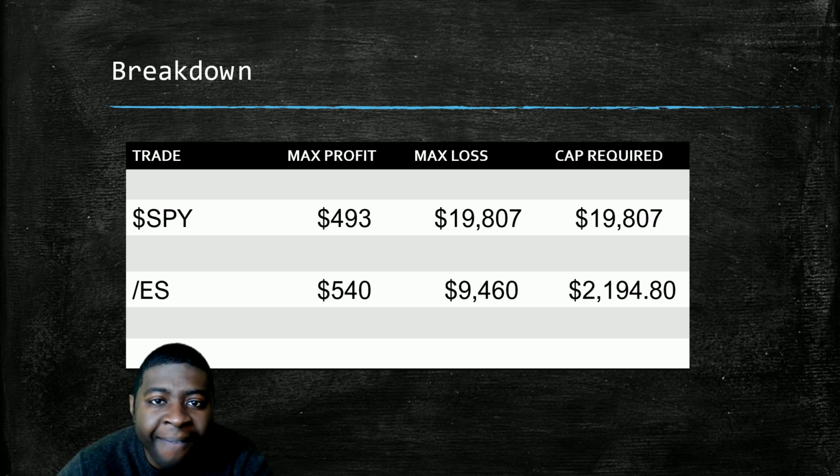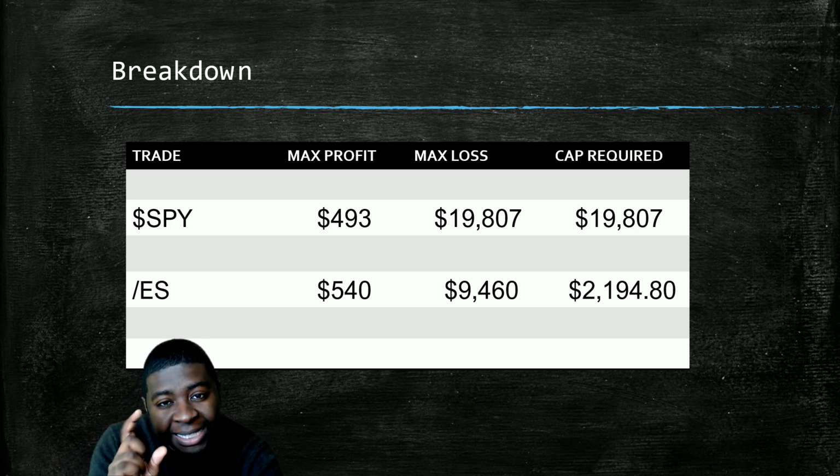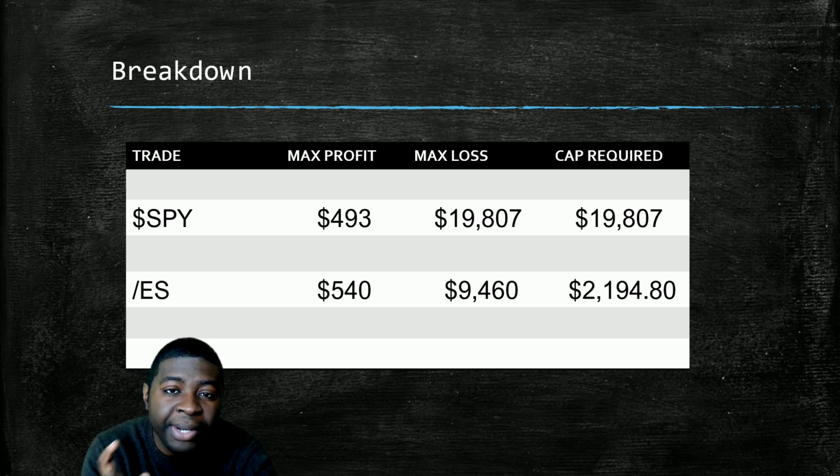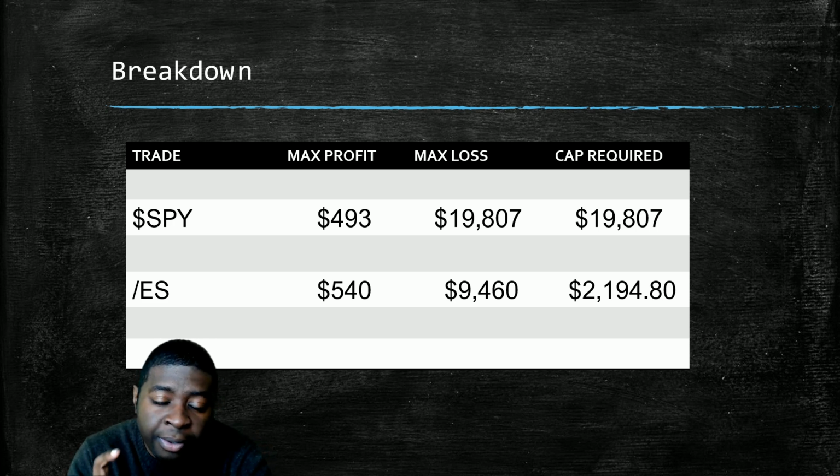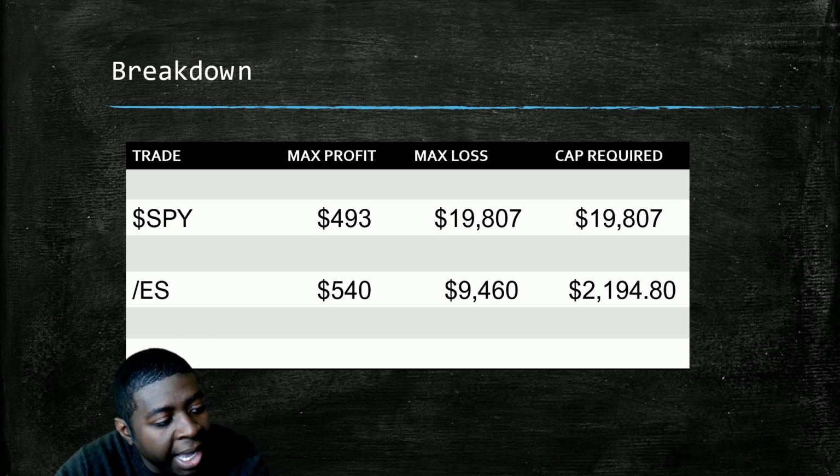This is why I've got to stress to you the importance of learning how to trade futures options. You put up a quarter, and then we talk about that 10 for 1. If you guys remember capital efficiency, where we talked about how that ratio is typically anywhere between a 10 to 1, 8 to 1, somewhere around there in terms of the leverage that you get using futures options. All right, so as you can see, ES and SPY there.